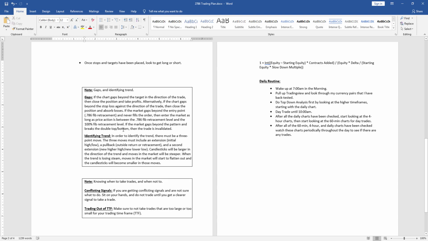So, things here that I felt it was necessary to elaborate on, to be a bit more descriptive of how to identify a trend or what to do if the market gaps. Now, granted, in my personal experience, the Forex market does not gap all the time. It's not as common, or at least I don't believe it's as common, as in stocks.